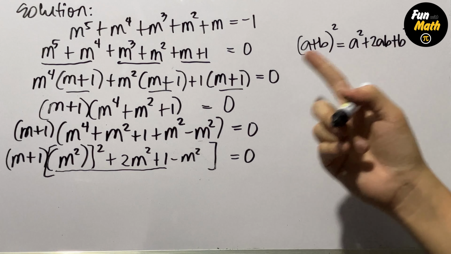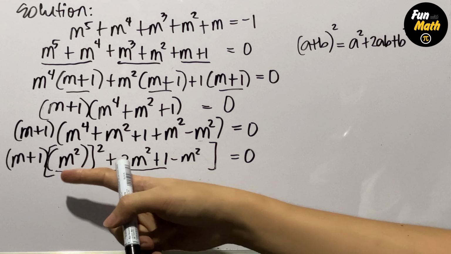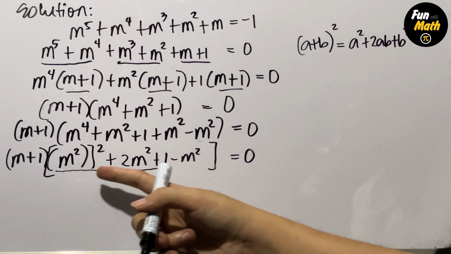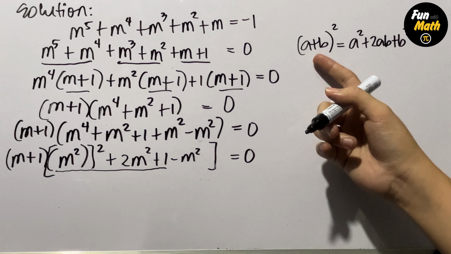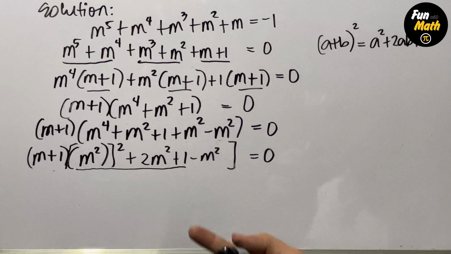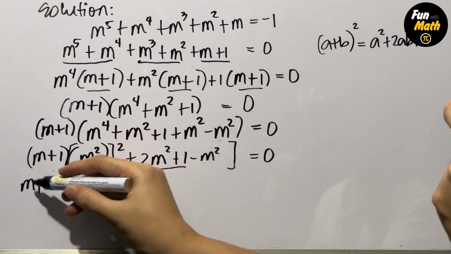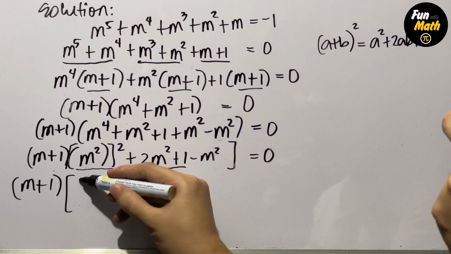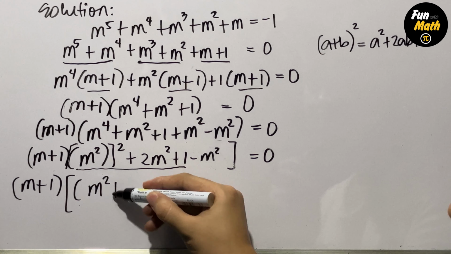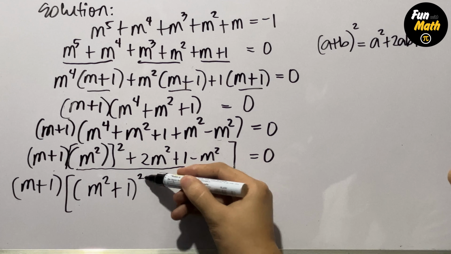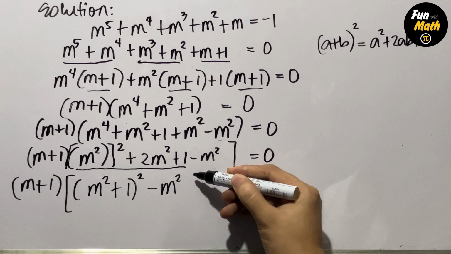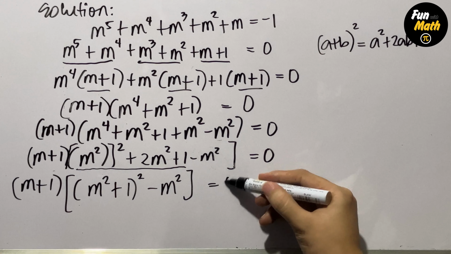So if you observe, they are the same. So this is an identity, a plus b whole to the power of 2. And for that, we can write it as m plus 1 times m squared plus 1 whole to the power of 2 minus m squared equals 0.